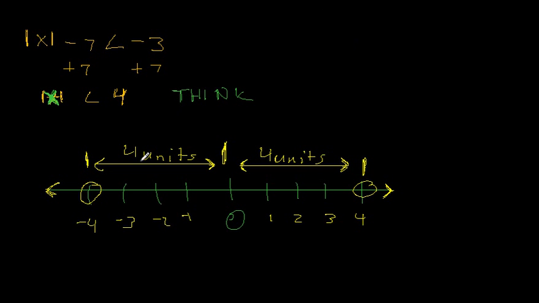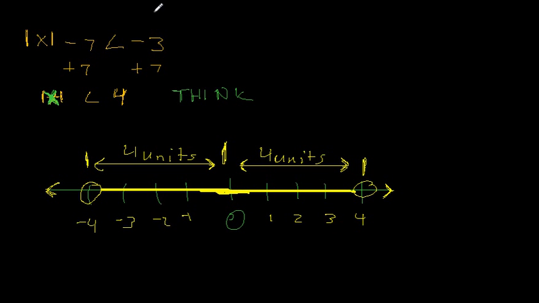Now I know that the distance from x to 0 is less than 4 units. So my arrow on the left side, dealing with negative 4, is going to move toward 0. Also, from positive 4 to 0, it's moving this direction.